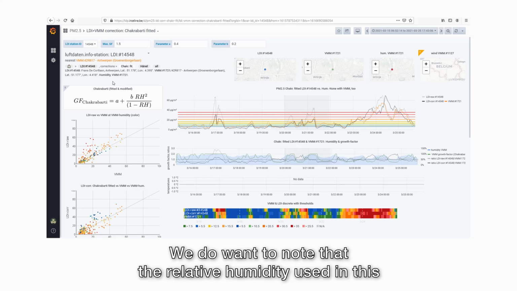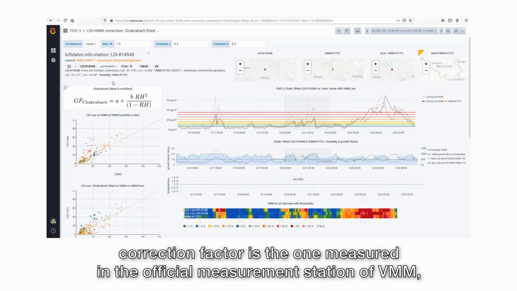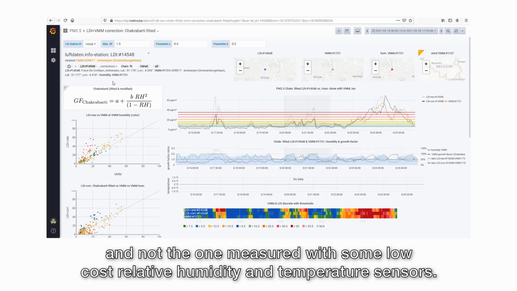We do want to note that the relative humidity used in this correction factor is the one measured in the official measurement station of VMM, and not the one measured with some low-cost relative humidity and temperature sensors.